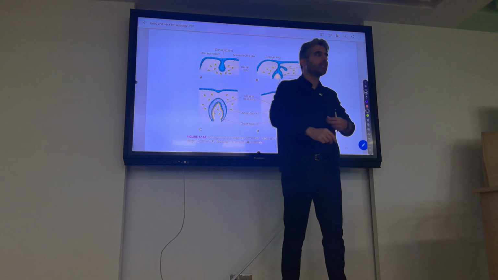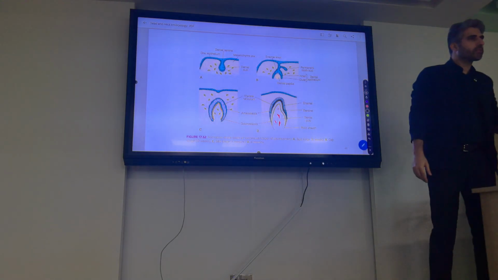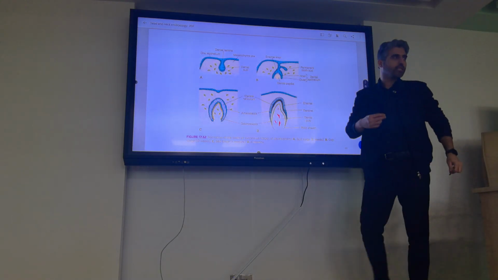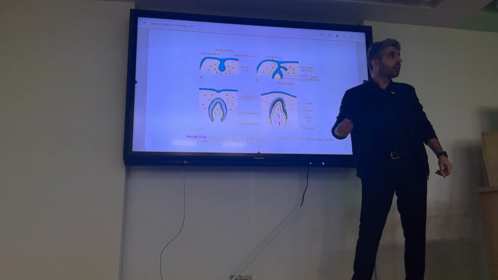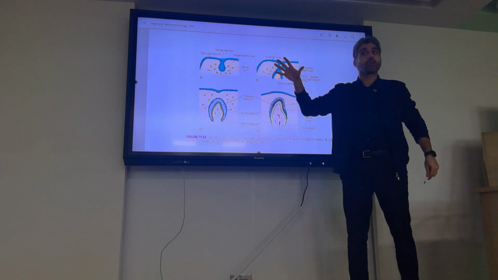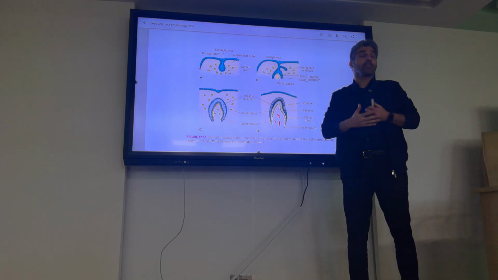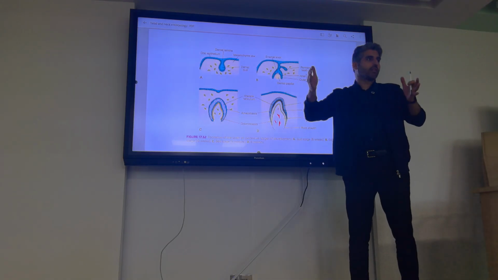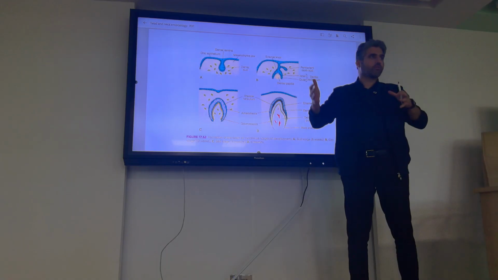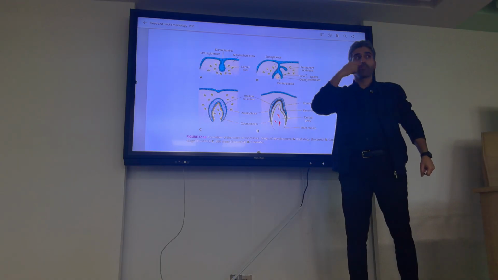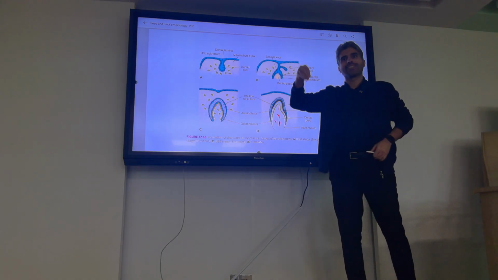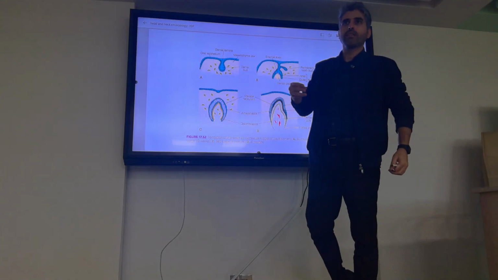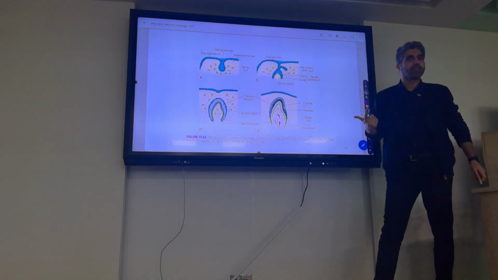You know how many milky teeth we have? 20 milky teeth, 32 permanent teeth. So all of them are made in the fetal period. It's not like, for example, the permanent teeth grow after the child goes to 6 years, 5 years. No. All of them are made in the fetal period. 20 milky teeth and 32 permanent teeth.